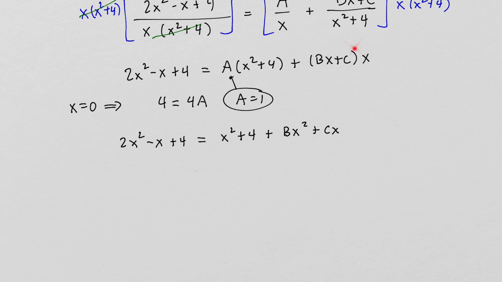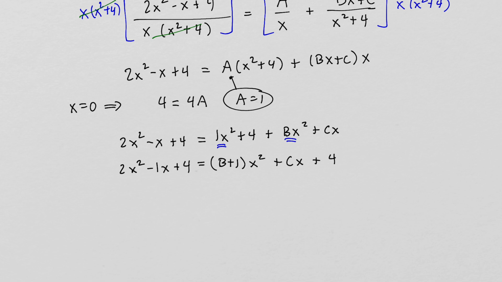I'm just multiplying this out here. Now I'm going to group like terms together. So I've got 1x squared here plus bx squared, and that's going to be b plus 1 times x squared. And then we have c times x, and then we have 4. And on the other side, we have 2x squared minus 1x plus 4.